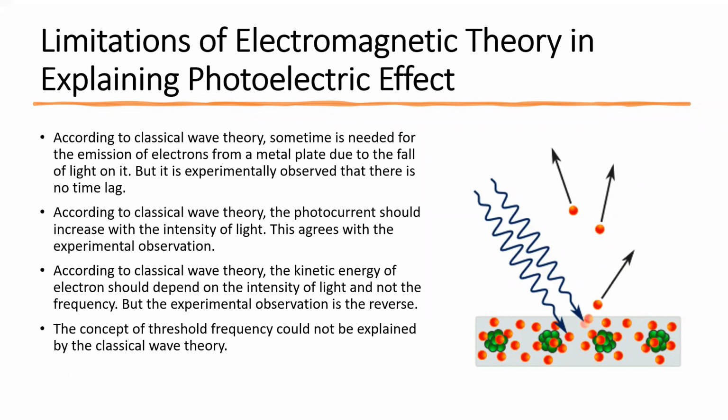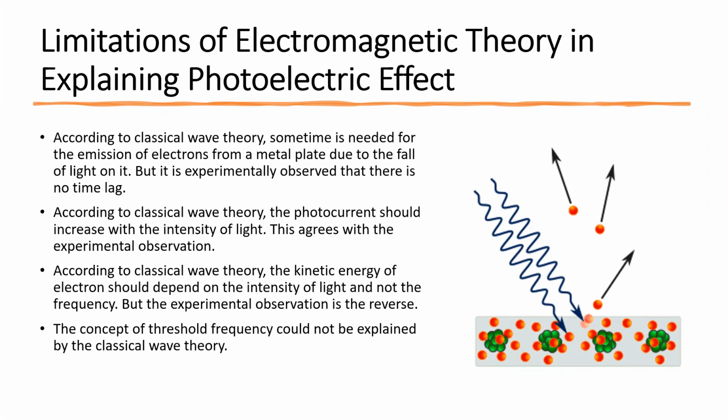Now, another concept, that is the concept of threshold frequency, the fact that if the light does not have a minimum frequency, it cannot cause the photoelectric effect. That fact could not be explained by classical electromagnetic theory.